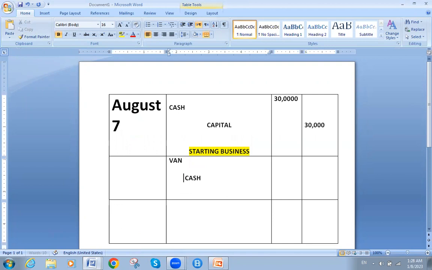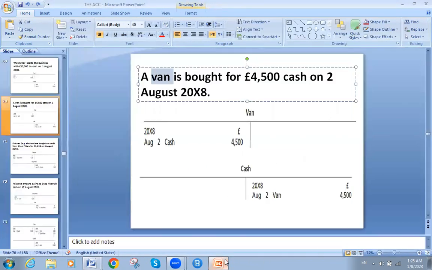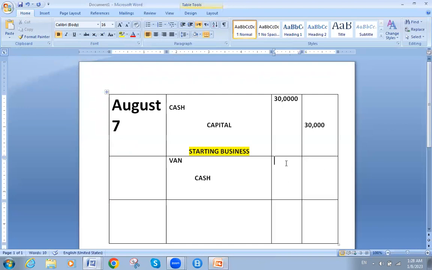And here from the van to cash, and the amount is, how much was the amount which he bought the van for? 4,500. Here we go, Control and C, and I will go here and write the 4,500 twice. Here it is once, Control and V, from the van or from purchases into the cash, also 4,500.